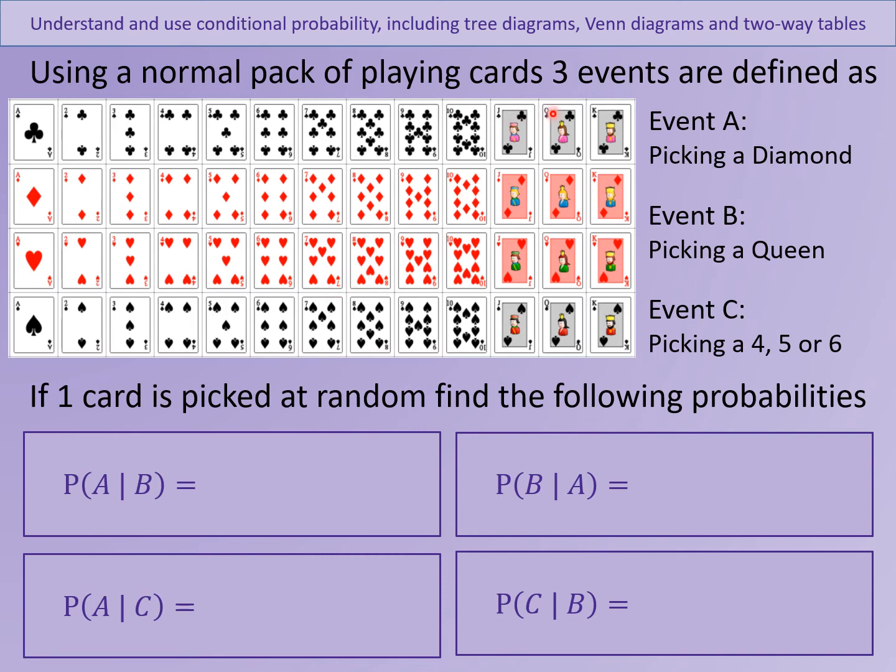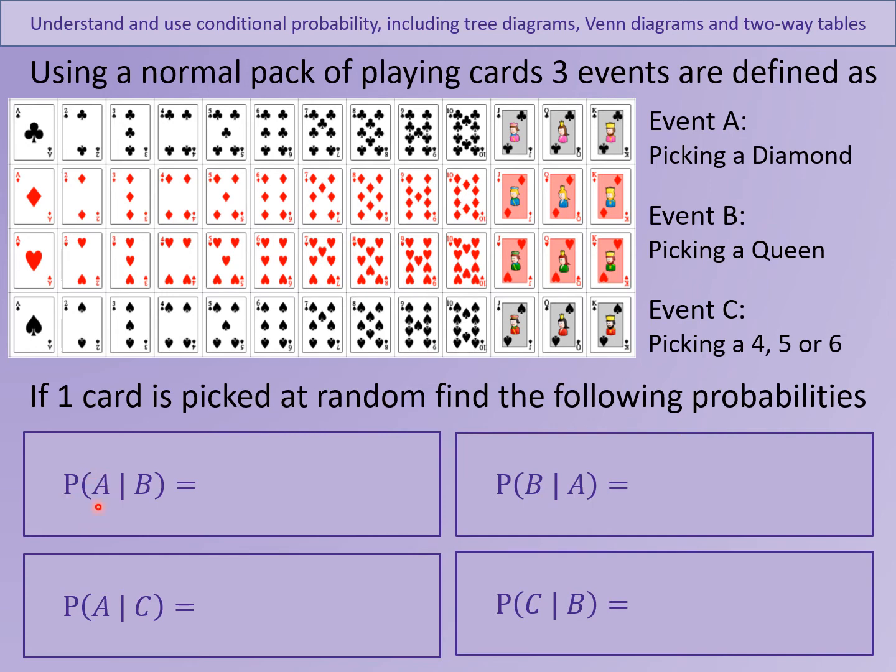You've got the queens, 4 of those, and you've got the results of 4, 5, and 6. There's 52 cards in total to help you out. If one card is picked at random, I want you to have a go at finding those things there. So pause there before you look at the answers and have a go at it yourself, please.